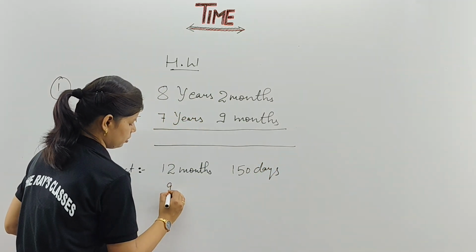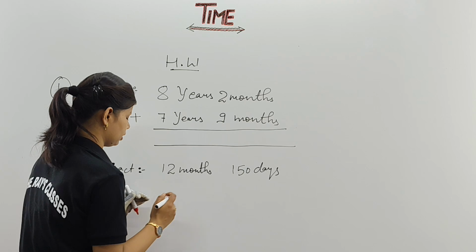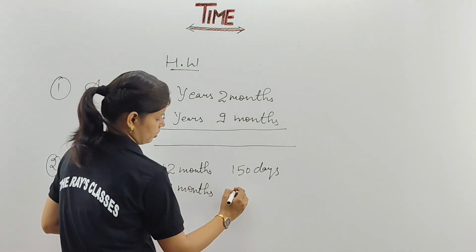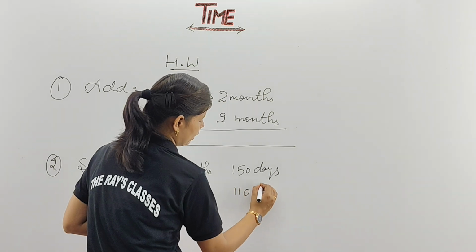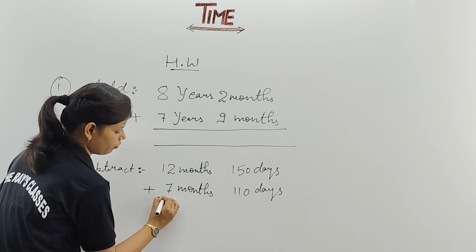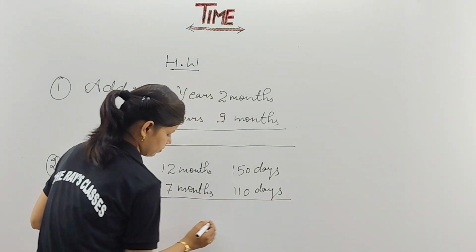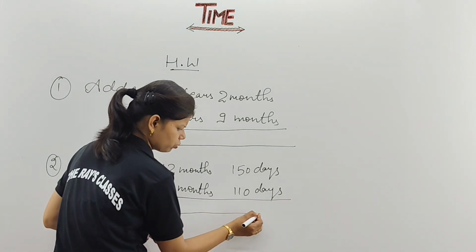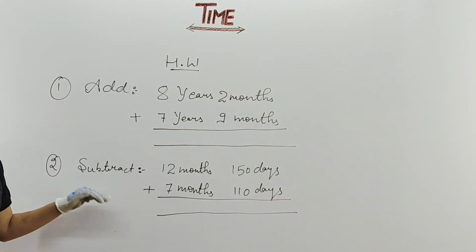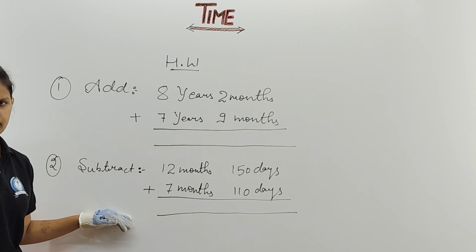Here you will write, not 9, 7 months. Here you will write 110 days. And then you have to find the answer. Clear? I hope so. It is very easy for you to do. You just go with it. So these two questions only I am giving you from this topic.